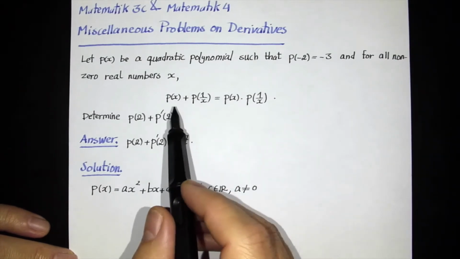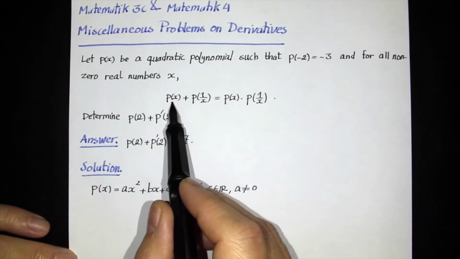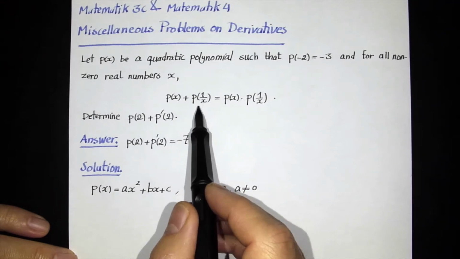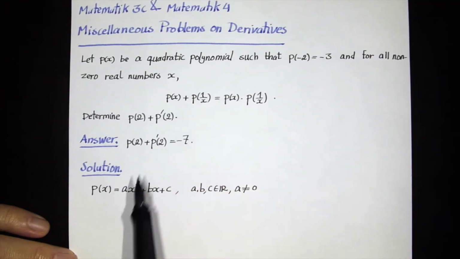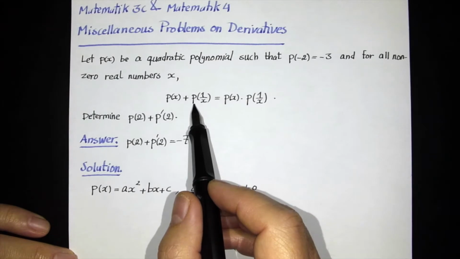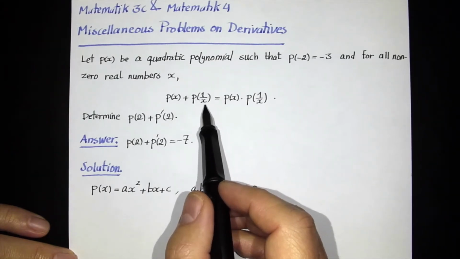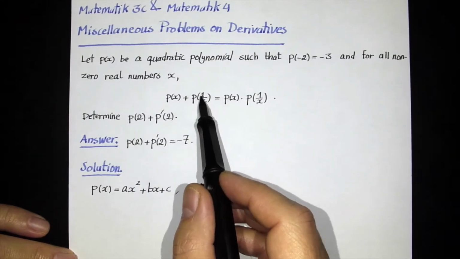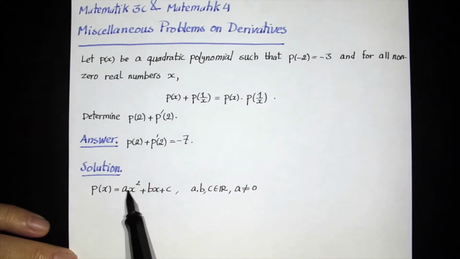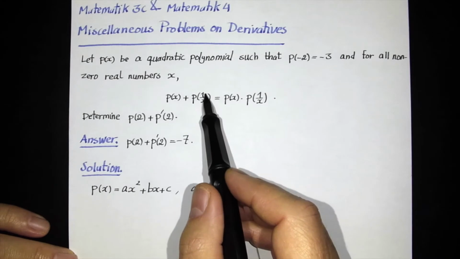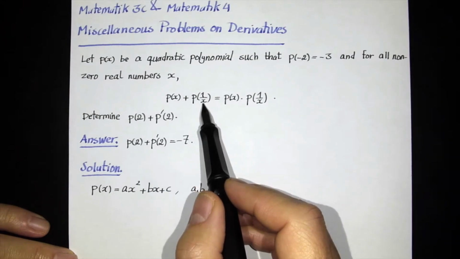Okay, but now let us come here. p of x plus p of 1 over x. Of course, p of x is the same expression, but what is p of 1 over x? It means that you need to go to your function and replace x everywhere with 1 over x, its reciprocal.